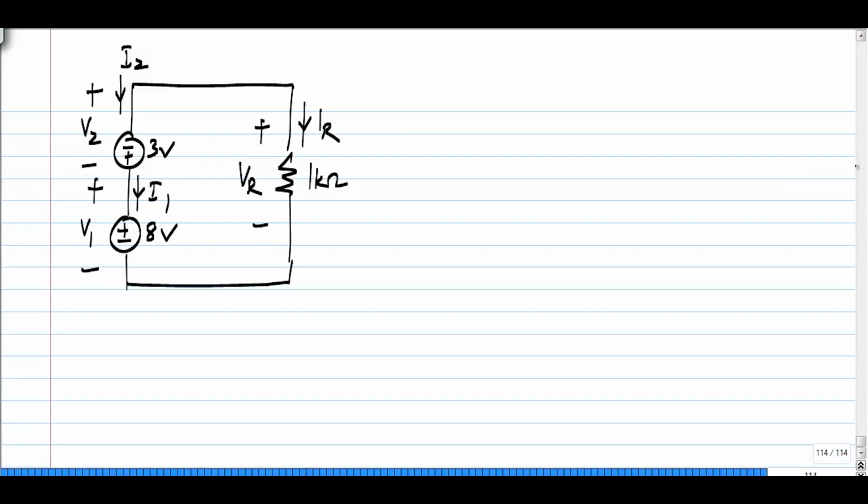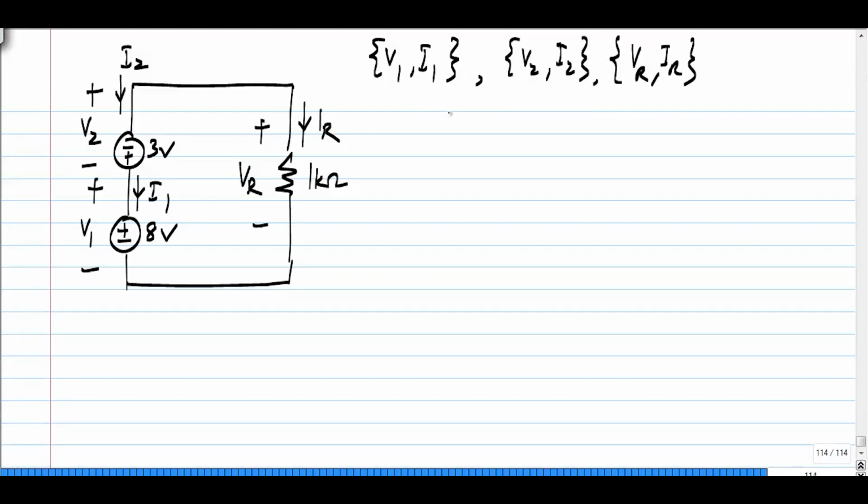So, V1 I1, V2 I2, VR IR, each of them has been chosen for the 2 voltage sources and the resistor and consistent with the passive sign convention.